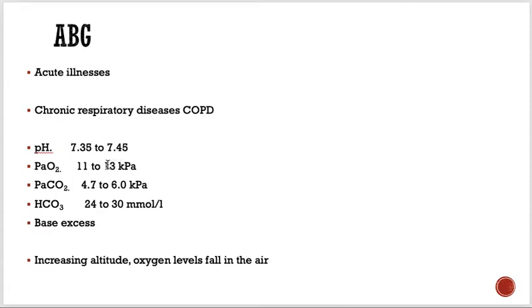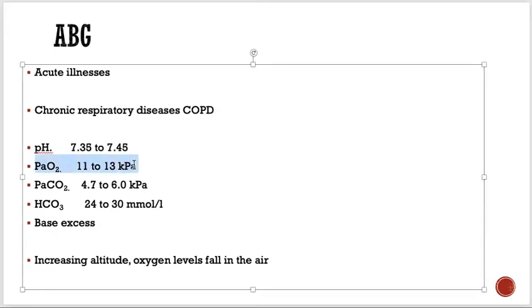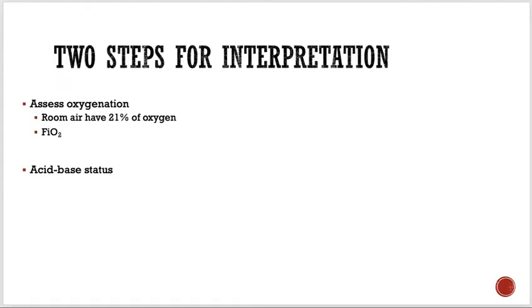The easy way to remember this is that at sea level, I'm not talking about higher altitude, at sea level, if the person is healthy, the expected partial pressure of oxygen in the blood is roughly 10 points less than the fraction of inspired oxygen. Okay, this is a rule of thumb. A rule of thumb is like a rough rule, right? Or in clinical settings you can think about it this way.